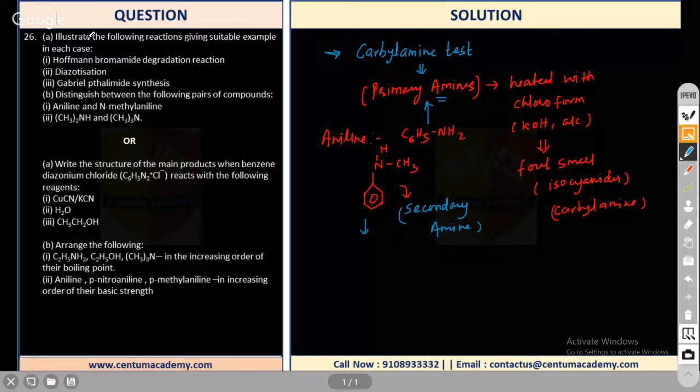In short, just you tell me. Because I know you have to write down the reactions also. You have to explain this reaction first, and then you have to write down the examples after explaining the reaction. So, what is Hoffman bromamide degradation reaction? What happens in this reaction?